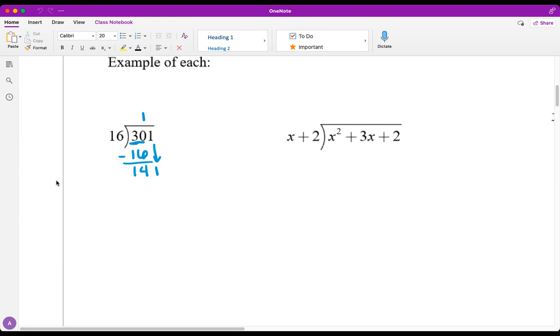I tested this with my other classes, and 16 times 9 was just slightly too big, so we're going to go with 8. Multiply the 8 times 16 to get your next row, and then subtract.